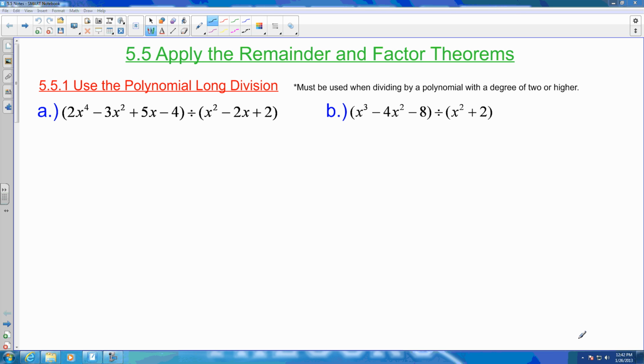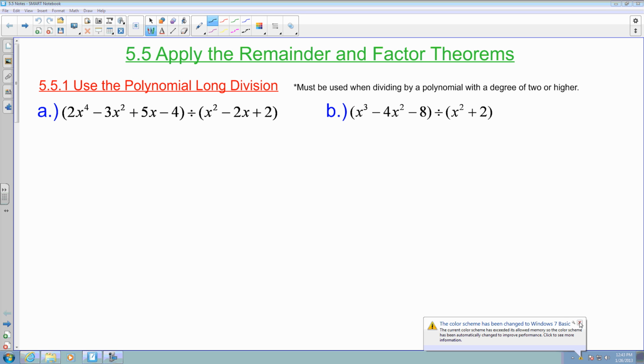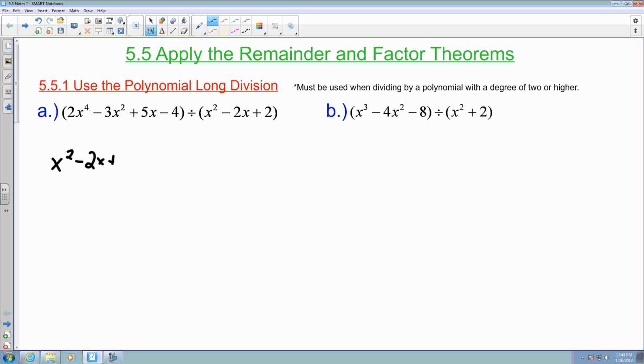So I have example A: 2x to the fourth minus 3x squared plus 5x minus 4, divided by x squared minus 2x plus 2. So I'm going to use my long division. I got my x squared minus 2x plus 2 divided by 4x.